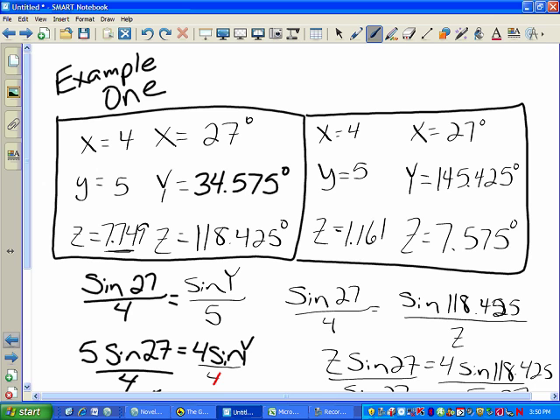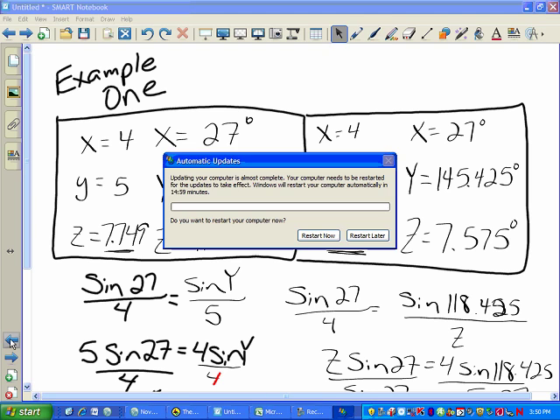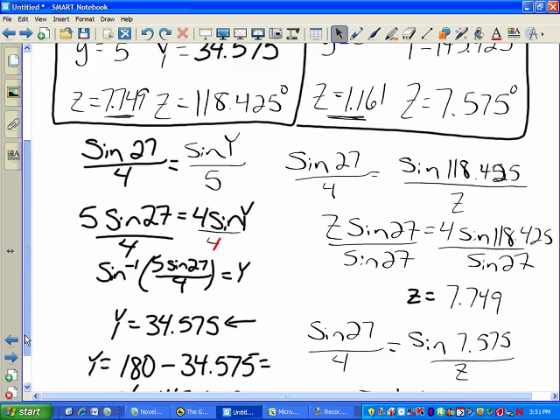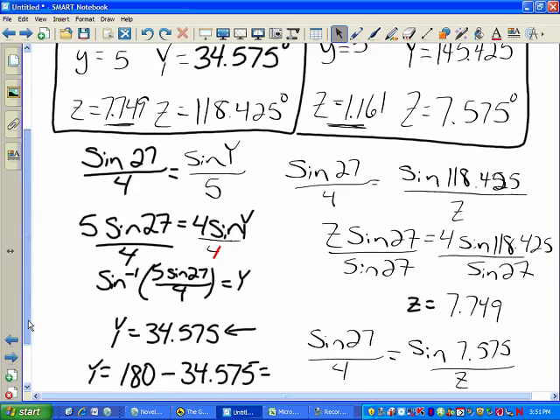I would get that side and that side, and from there I could then finish, okay? So if you want to do that, you are welcome to. It is safer. It will always let you know exactly if you have 1, 2, or no triangles. But that's not the way I teach it because I think y'all are okay to do it without.